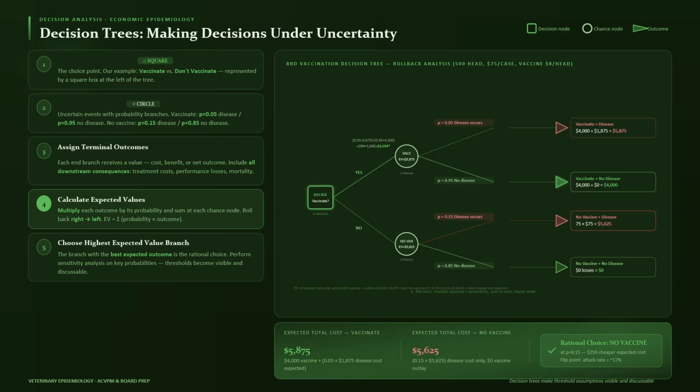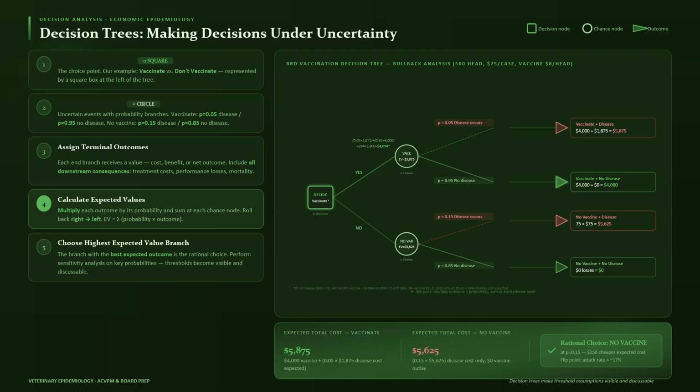Decision trees help us reason clearly when the future is uncertain. The structure uses three symbols. A square is a decision node, our choice point, vaccinate or don't. A circle is a chance node where probabilities branch into disease or no disease, and the endpoints are outcomes, each with a value.